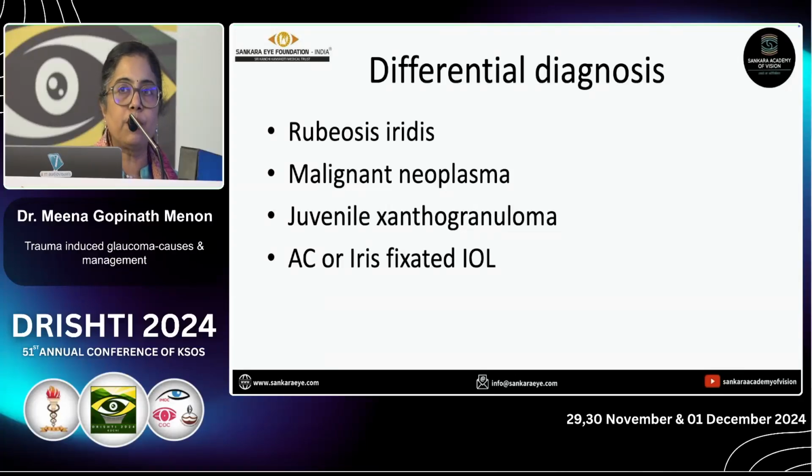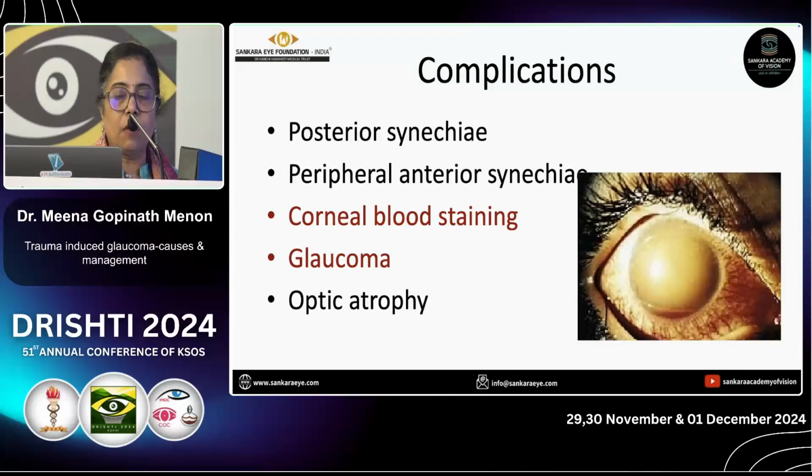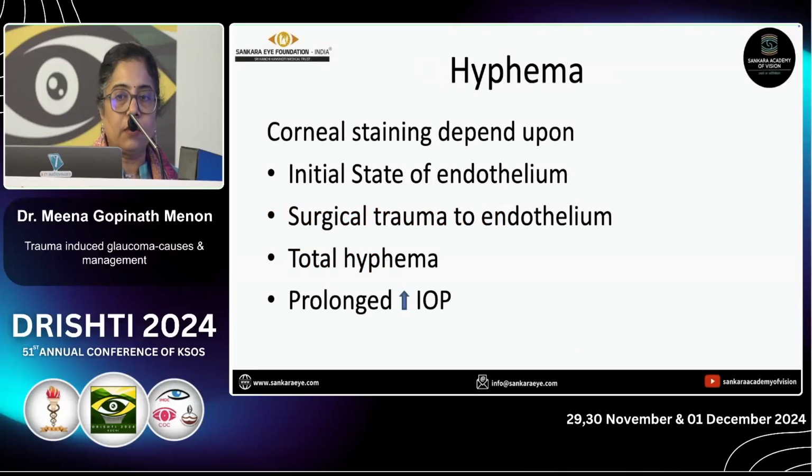So it's important to understand whether the patient had any of these underlying conditions when he or she had the trauma. The commonest complications being corneal blood staining and glaucoma, and other findings being posterior synechiae and PAS, and rarely glaucomatous optic atrophy also can happen. Now, the corneal staining usually depends on the initial state of the endothelium and how much trauma has happened to the endothelium and the amount of total hyphema.